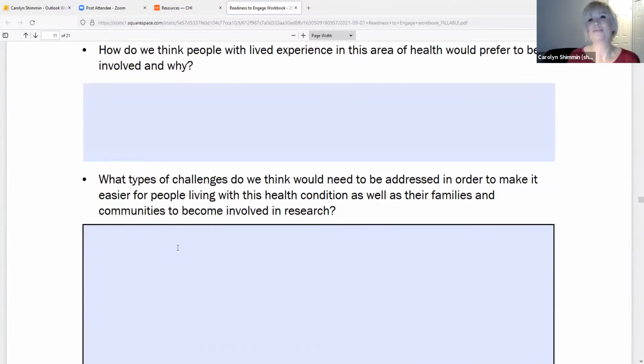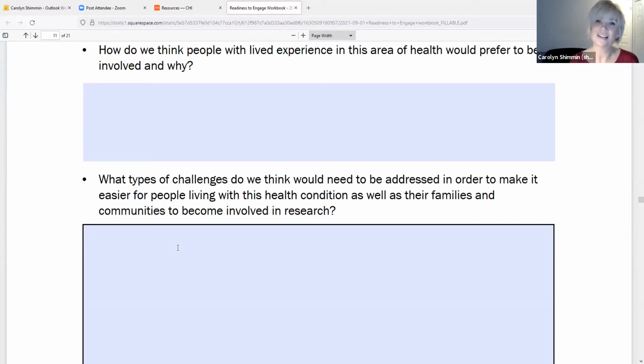How do we think people with lived experience in this area of health would prefer to be involved, and why? This is just assessing how your team thinks people would prefer. When we go on to the external assessment, we're going to actually ask and talk to people about how they would prefer to be engaged. But this is just to start getting teams thinking about it.